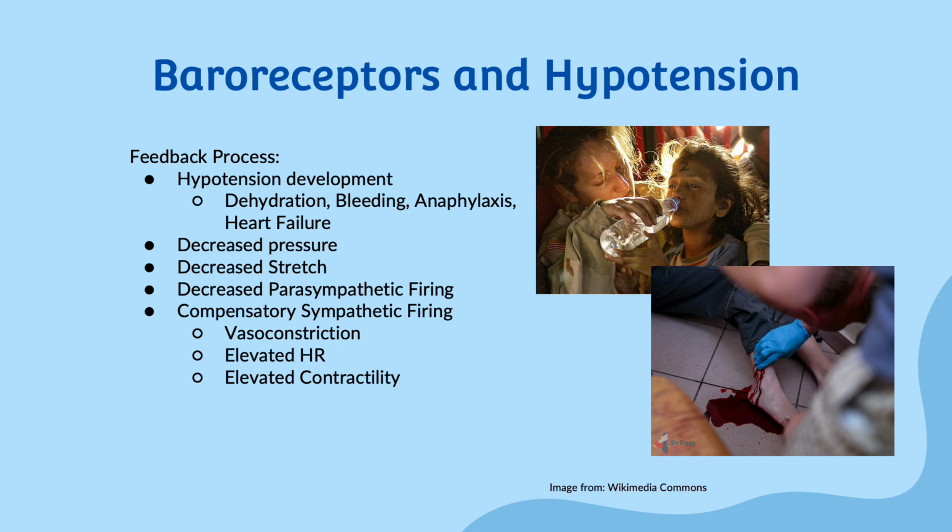This increase in sympathetic signaling results in increases in heart rate, vasoconstriction with subsequent elevations in blood pressure, increased cardiac contractility, and a subsequent compensatory increase in blood pressure. These mechanisms are important compensatory changes, especially in the setting of hypovolemic, which means low blood volume, shock.